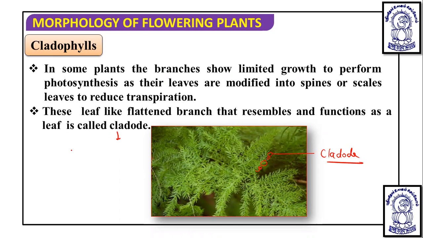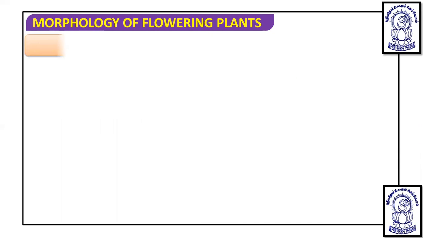This cladode is a branch getting flattened and it is of one or two internodes in length, whereas a phylloclade is of many internodes in length. Here in a cladode it is usually one. If you see the examples, asparagus and Ruscus show this type of cladophyll.